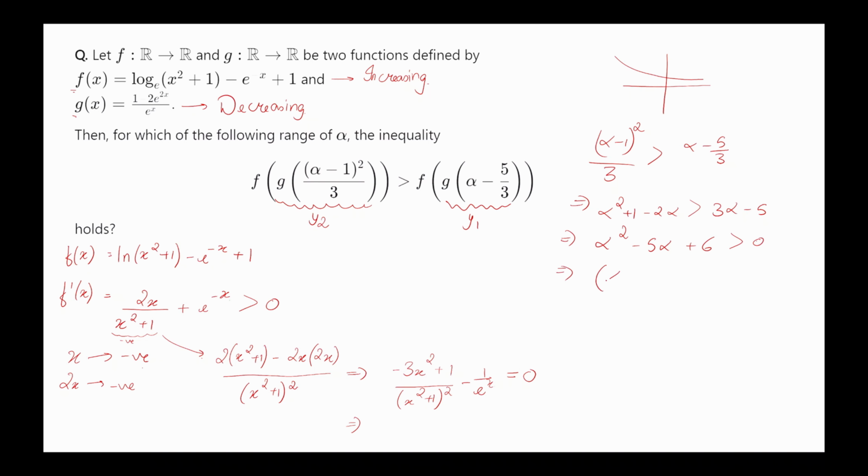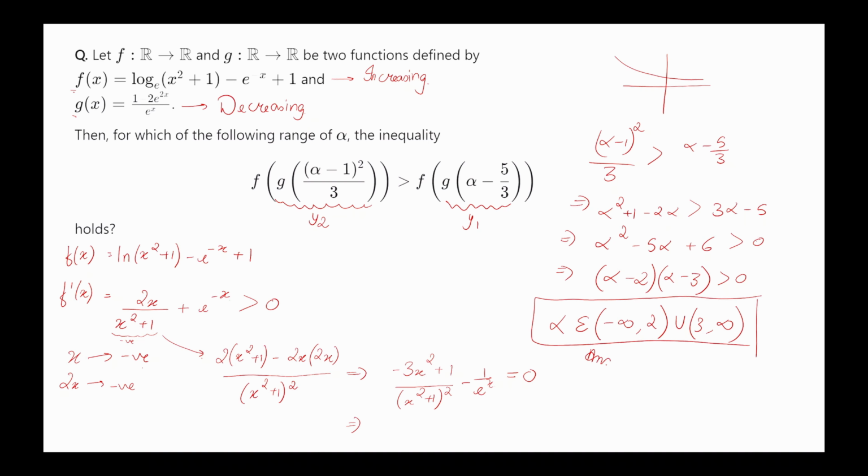That means we get one of our factors to be x minus 2 and the other factor to be x minus 3. So I can say that my alpha belongs from minus infinity to 2 union 3 to infinity. This is the exact range that we were trying to find out. This is my answer. I hope you are understanding this.